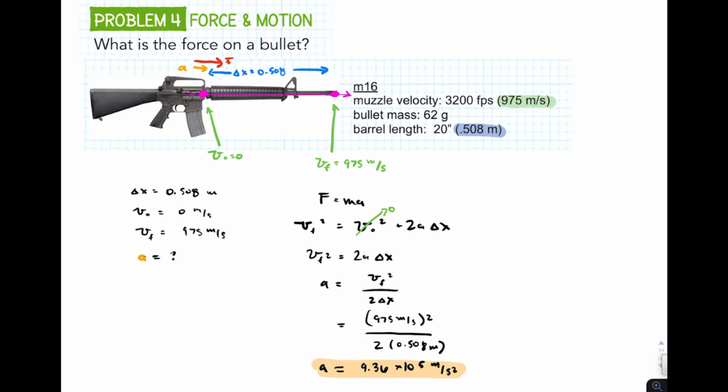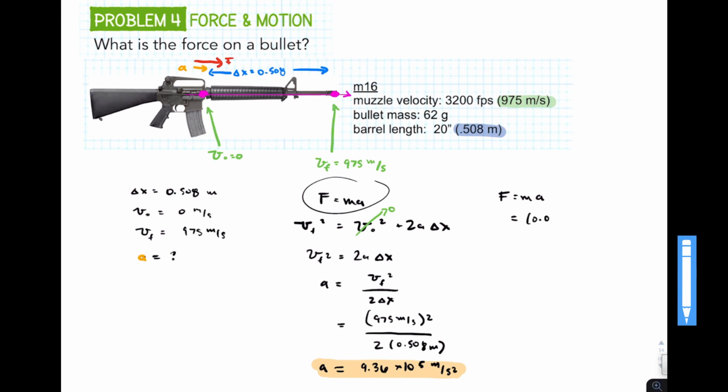So then we go back to this equation and we say force equals mass times acceleration. Only problem here is we're given the mass in grams, okay? So this is a mass in grams. What would the mass be in kilograms? 0.06, yeah.